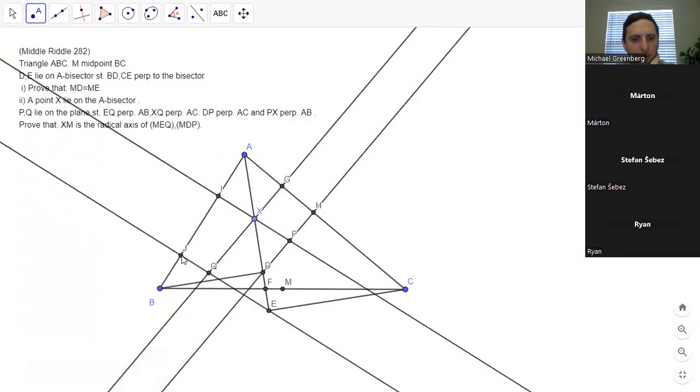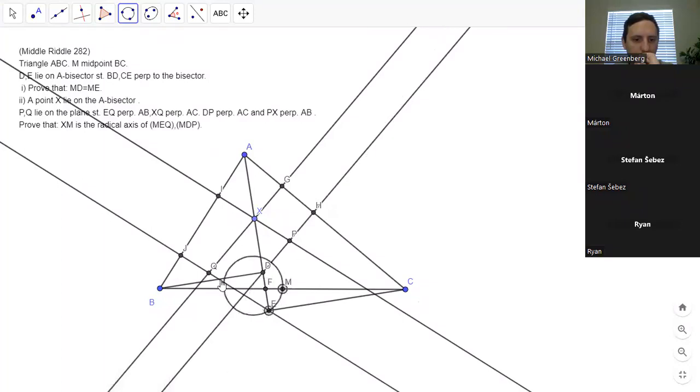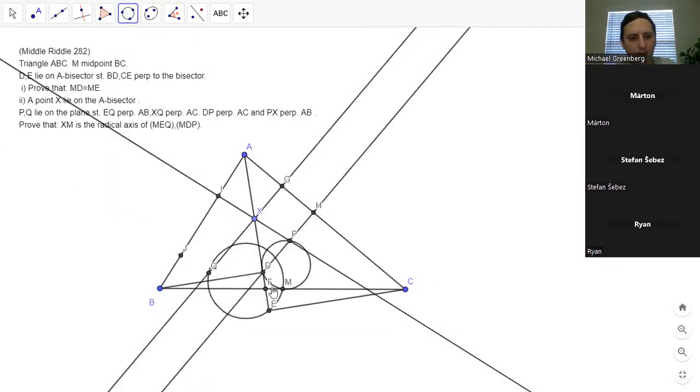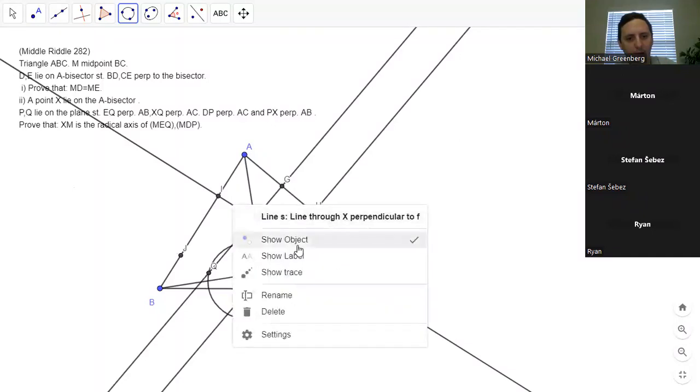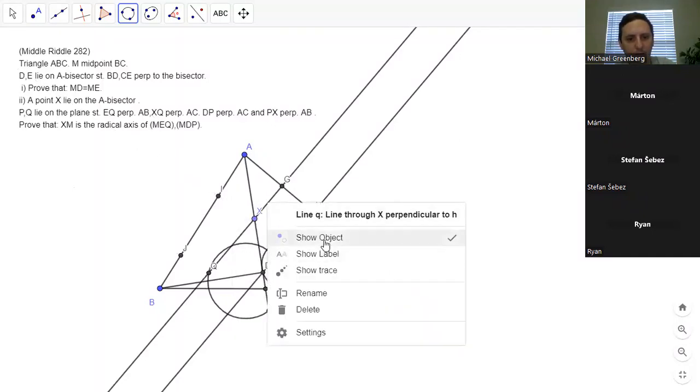And we want to show XM is the radical axis of MEQ and MDP. This is interesting. Yeah, it looked like a complicated problem statement, but maybe it's not so bad.